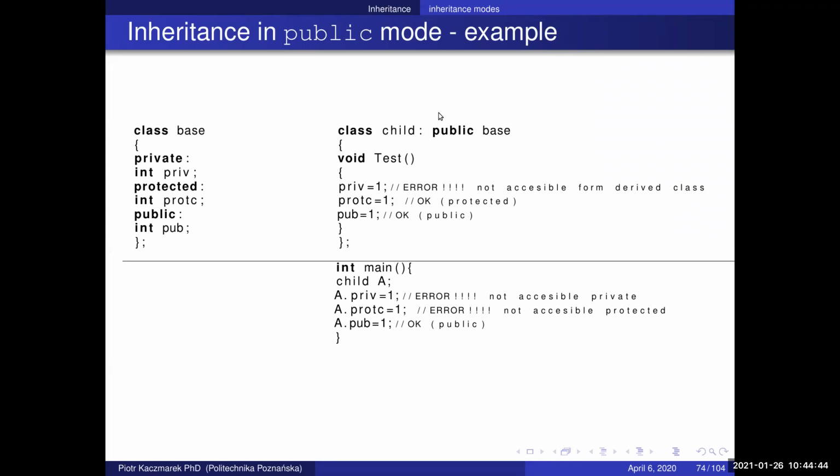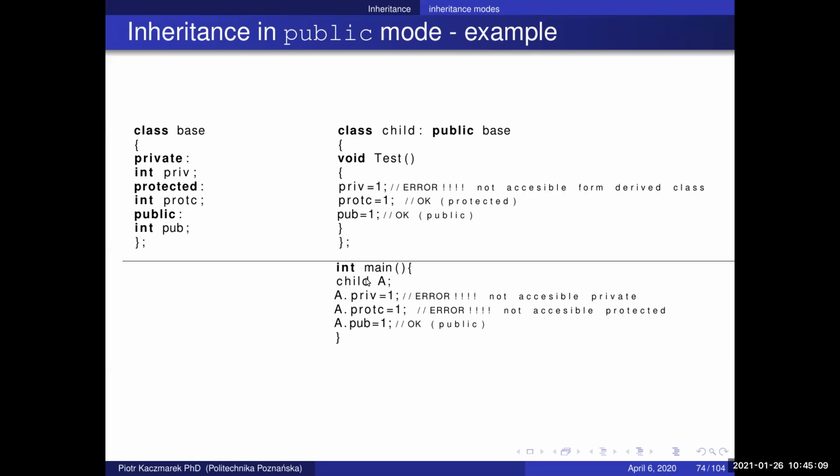So now if we have private, protected, public, and we have method test. From the child class, we have access to protected and public. So these two operations are allowed, while this one isn't.